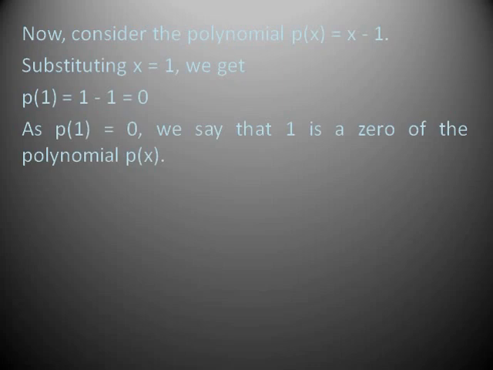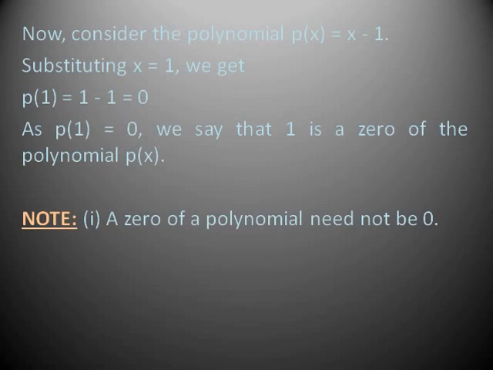That value of x is called the zero of the polynomial. So here p(1) equals 0, therefore 1 or x equals 1 is called the zero of the polynomial p(x).